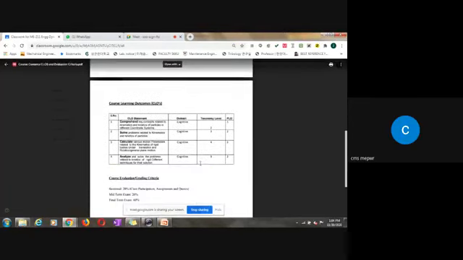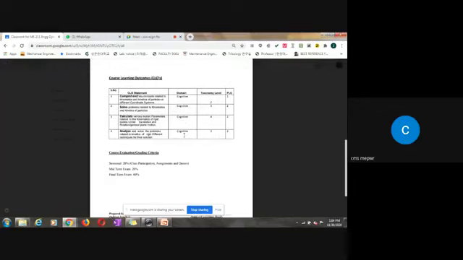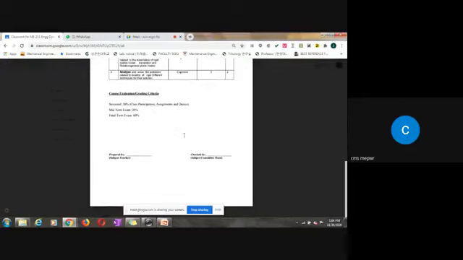The course learning outcomes that we want to achieve: basically four CLOs we have to achieve with this course, mentioned over here. The course evaluation criteria that we usually have for our semester system is 60% final term, 20% midterm, and 20% sessional. Sessional can be class participation, assignments, quizzes, presentations, and attendance.